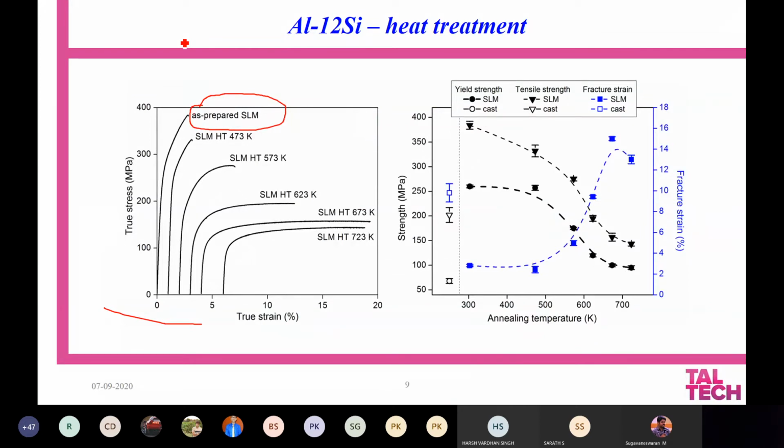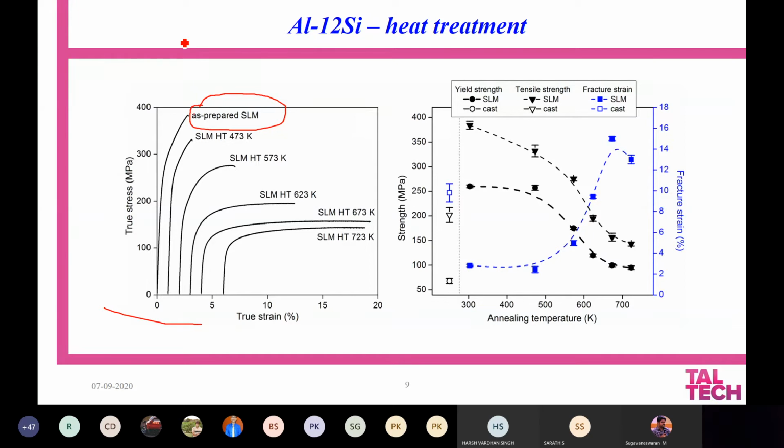But when you thermally treat the sample, or when you anneal the sample, or when you supply thermal energy to the sample, the microstructure is getting relaxed. The microstructure is also changing from one length scale to the other length scale, and the silicon morphology is also changing from a continuous skeletal network to individual particle shaped microstructure.